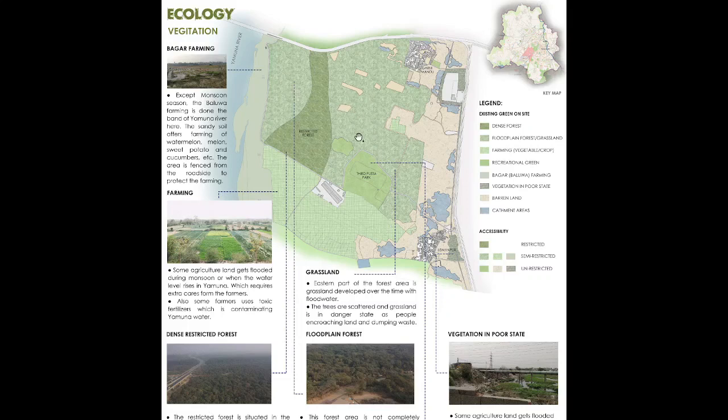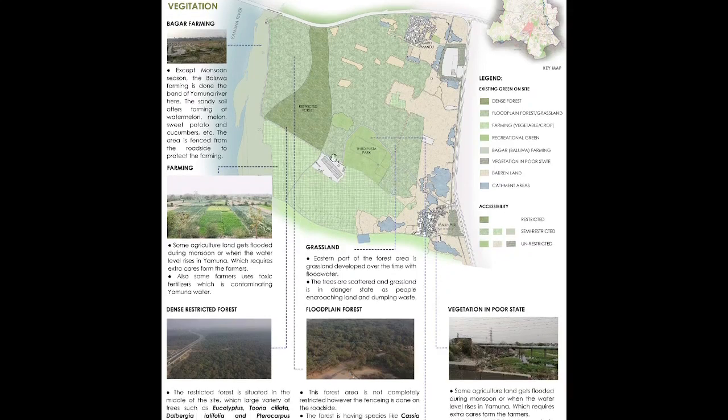There is grassland as well, which is decreasing day by day due to the encroachment of people. And then there are recreational greens, which are spaces with vegetation in poor condition, which have to be looked after.